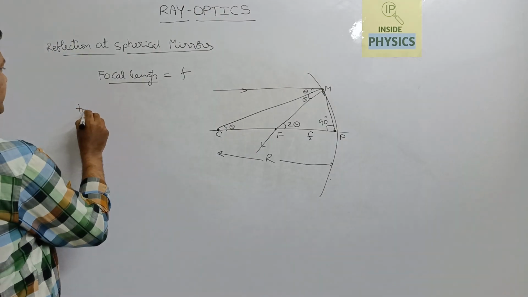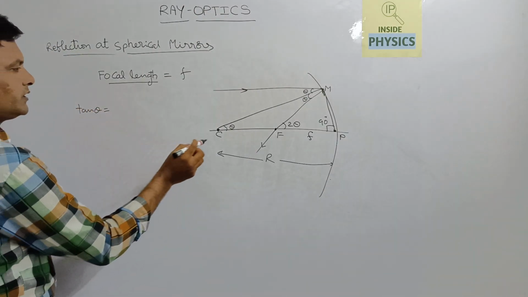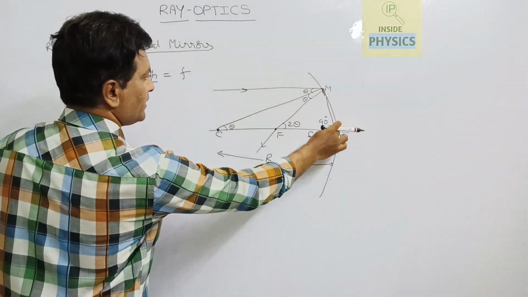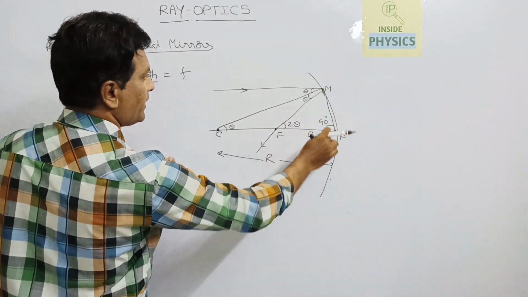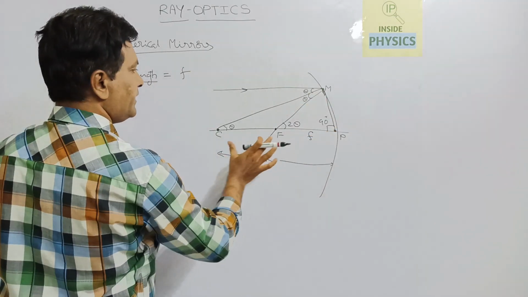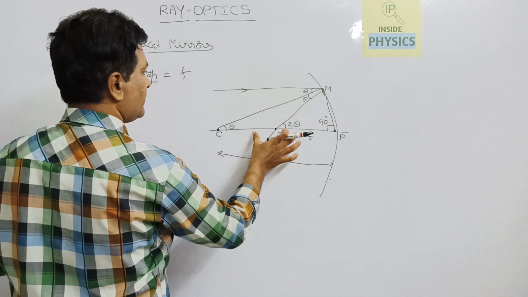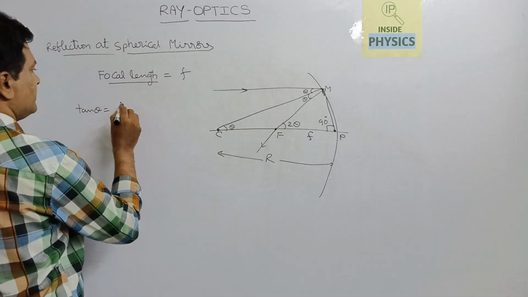We can write tan theta is equal to, see, this can be considered as a perpendicular to the principal axis, so MP by CP, opposite side by adjacent side.